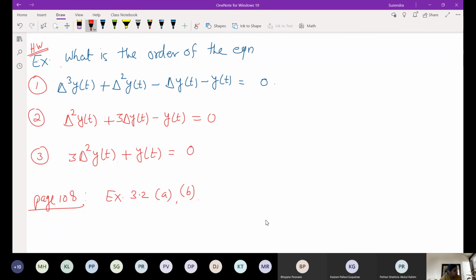You have to solve different homogeneous difference equations by the iteration method. Iteration method you know now. We have solved first order homogeneous difference equations by the iteration method. So two examples have been given in Exercise 3.2, A and B. So that you have to do. Is that okay?